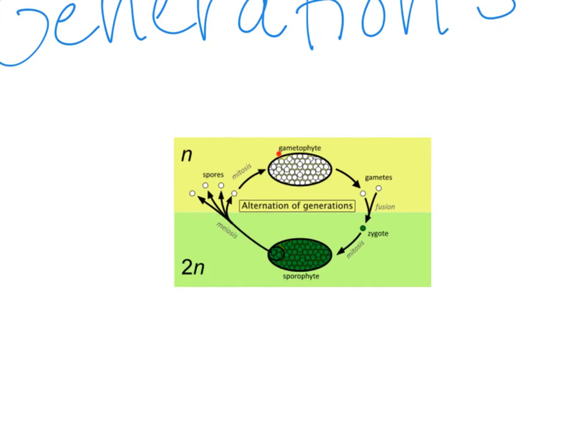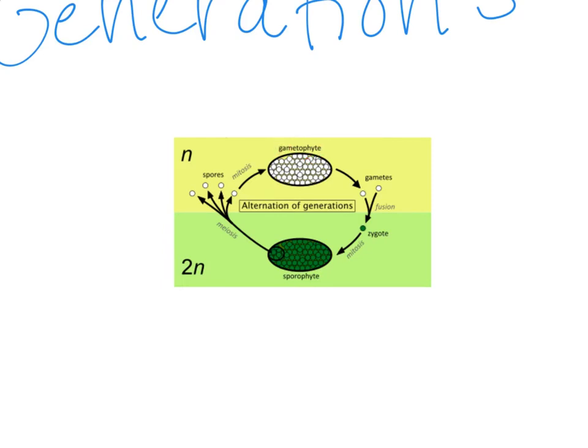So just remember, the gametophyte, this is the only thing that people usually get mixed up on. The gametophyte produces gametes, while the sporophyte produces spores. So, like I said, it's just going to take studying this picture and memorizing it. You're going to get questions on the DAT that say, which stage of a fern's life cycle produces gametes, and you want to know it's the gametophyte.